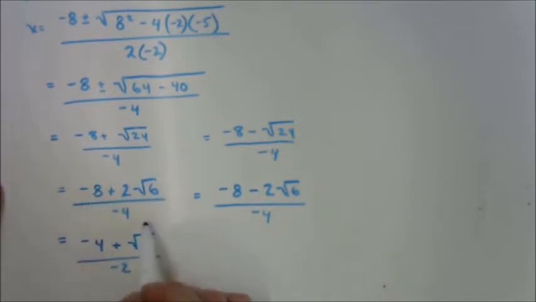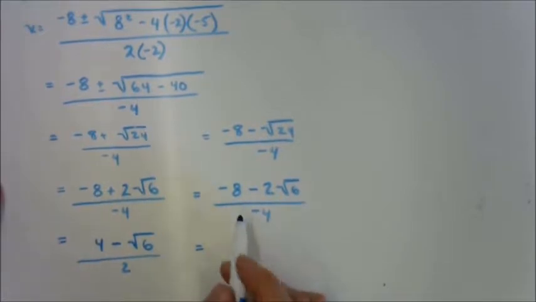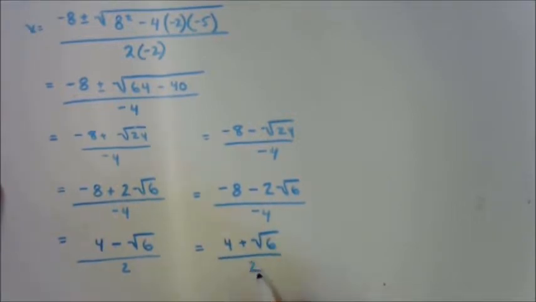Or I could have, up here, instead of dividing by 2, divided each term by negative 2. And that would pull the negative sign out as well. So we would flip each sign, in which case you'd have 4 minus the square root of 6 over 2. Over here I'll show it a little bit better. Instead of dividing out 2 from each term, we'll divide out negative 2. It's going to leave us with 4 plus radical 6 over 2.